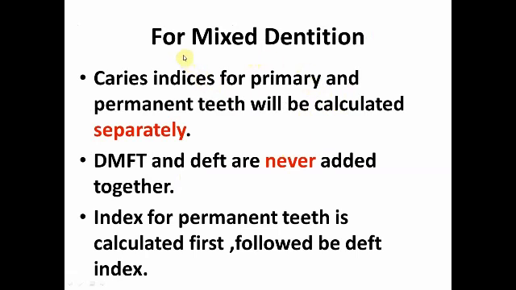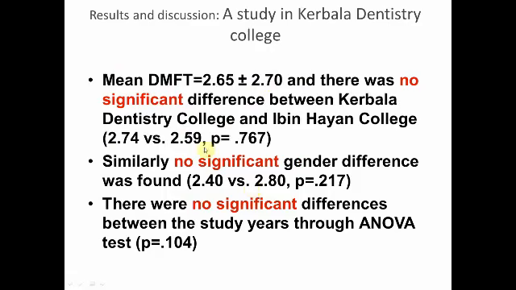If we find mixed dentation in a child in the school, for example, caries indices for primary and permanent teeth will be calculated separately. We cannot add both of them in the index.